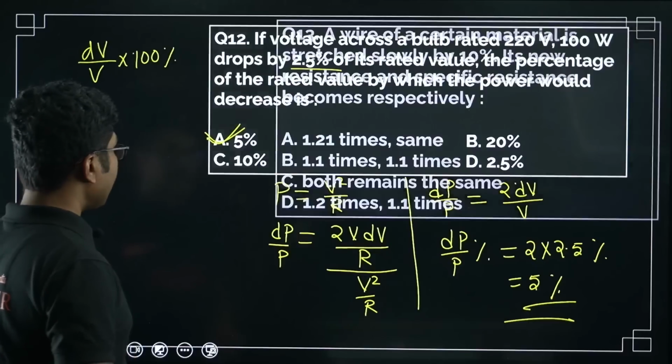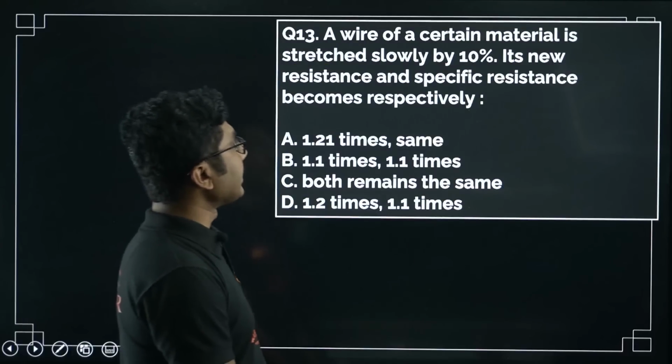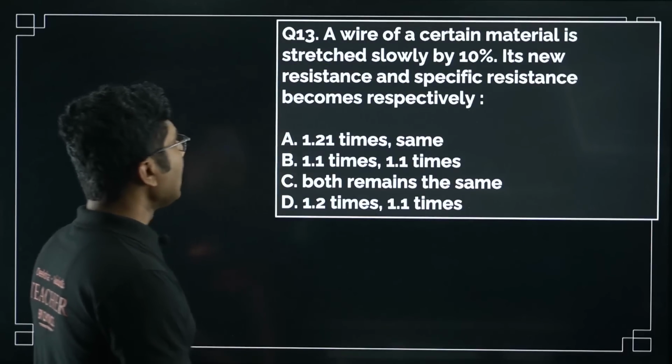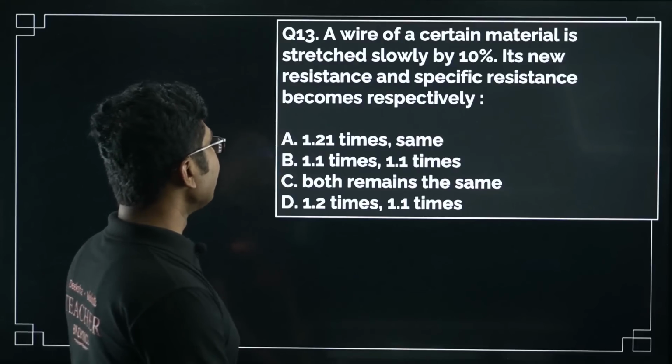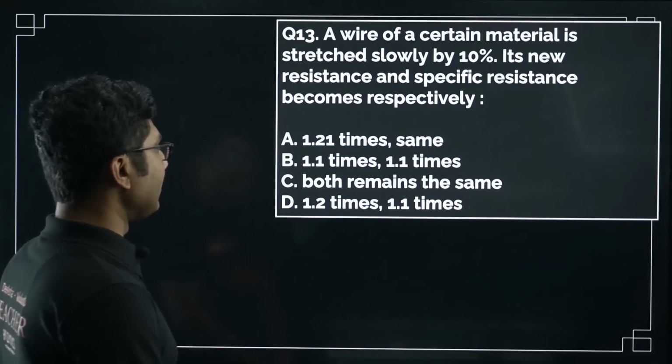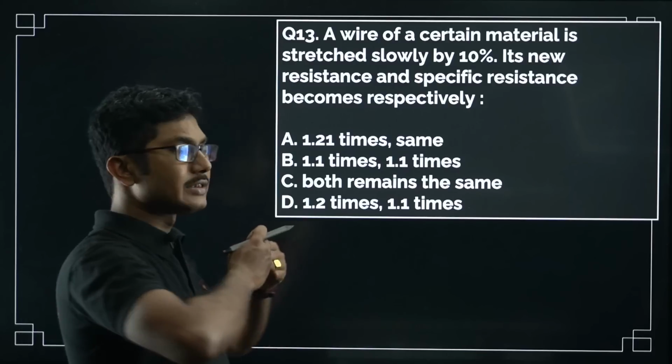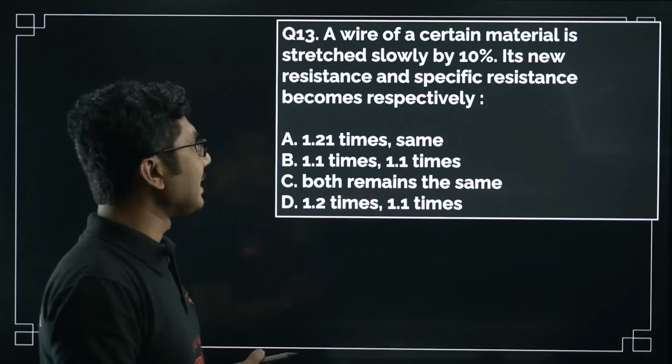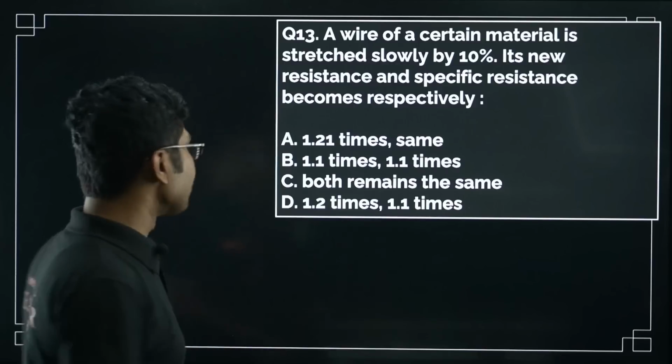Now, next question. A wire of a certain material is stretched slowly by 10%. Its new resistance and specific resistance become respectively. So the wire is stretched slowly. Now the new length is increased by 10%.